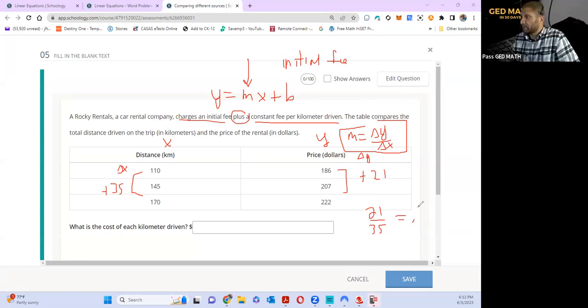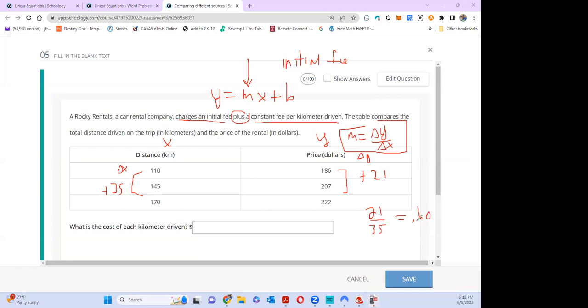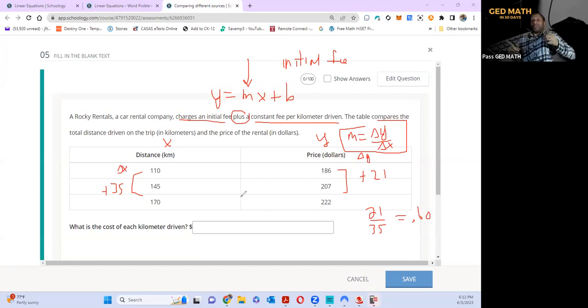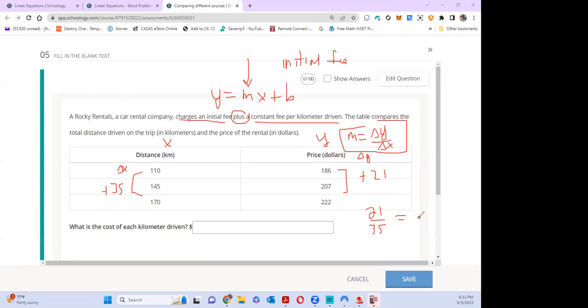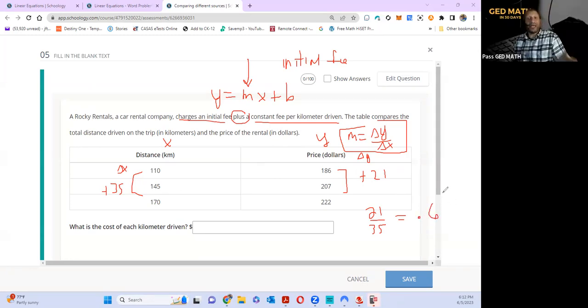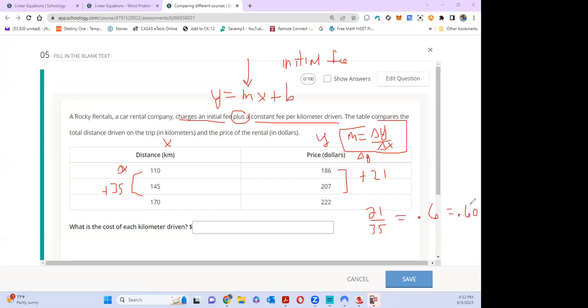Right, 7 goes into 21 three times, and 7 goes into 35 five times, and 3 over 5 is 0.6. But when we talk about money, you need two decimal places, so it's 0.60. So we know our slope.